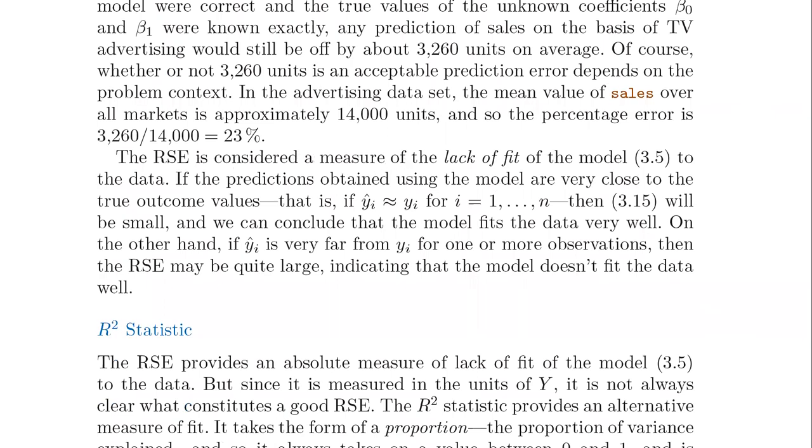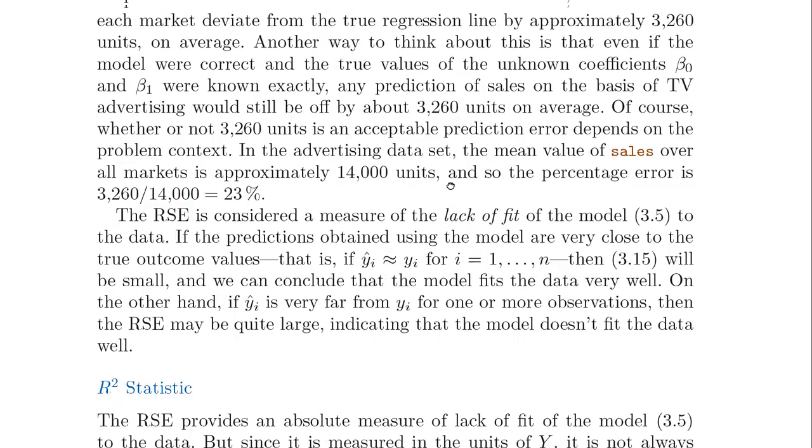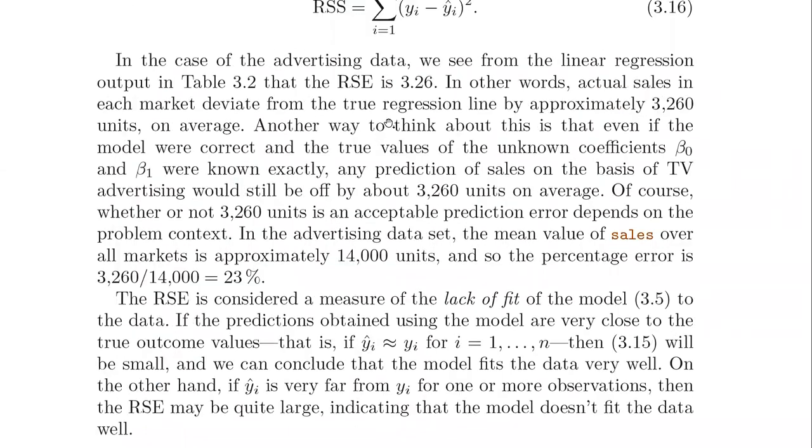If the predictions obtained using the model are very close to the true outcome values, the model fits the data very well. Yeah, I get all that. It's this that has me slightly concerned: from the true regression line.